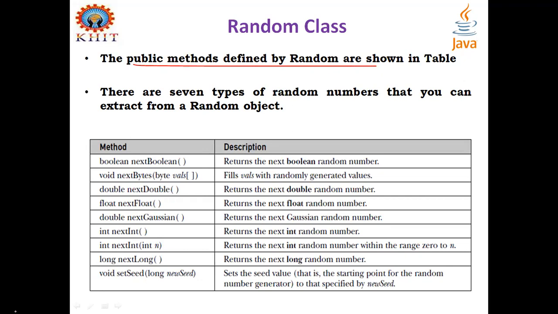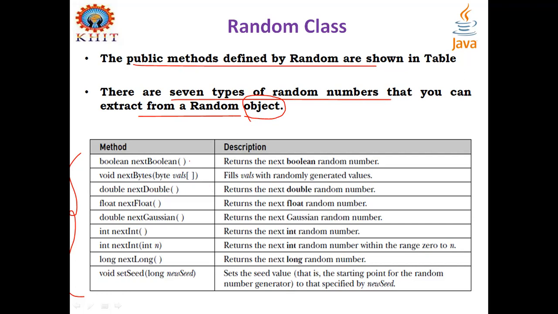There is a set of methods defined here. There are 7 types of random numbers that you can extract from the Random object. Once you create a Random object for this Random class, it generates 7 types of random numbers, right?